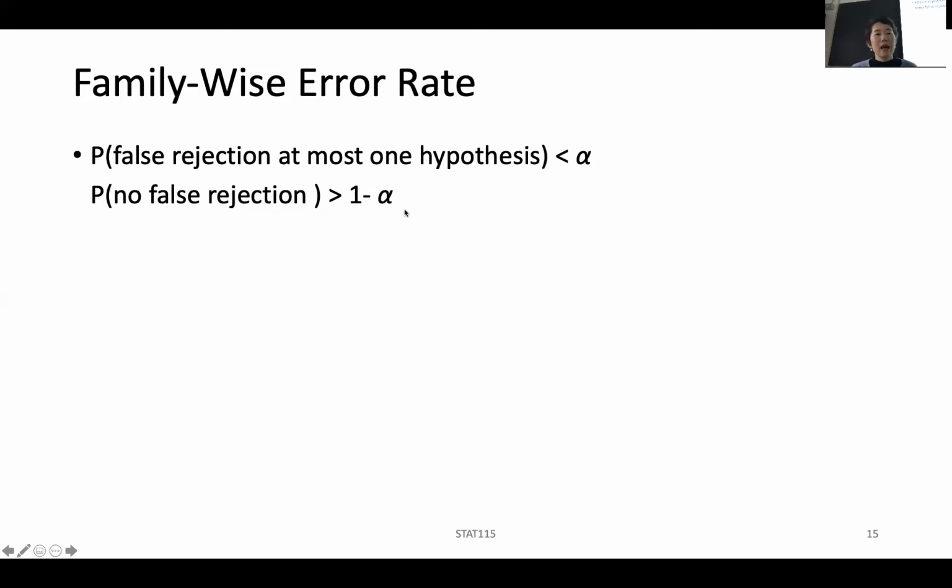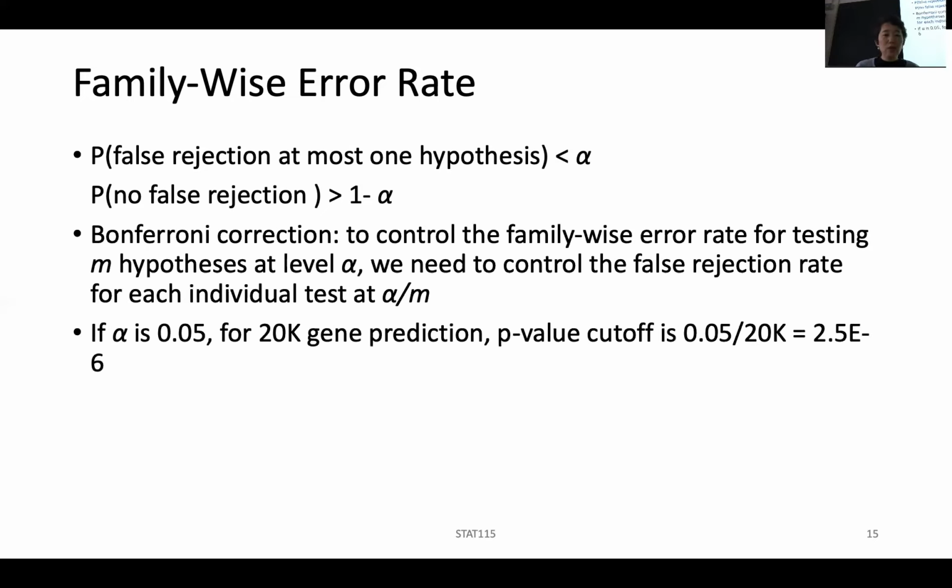So supposedly, if I want to correct for the family-wise error rate at 0.05, it would mean that for whatever number of genes I call, the probability that even one of them is wrong is lower than 0.05, then I have to use on each individual gene a much more stringent p-value. The way to do this, without going into the statistical deduction, is to use this Bonferroni correction to really control the family-wise error rate.